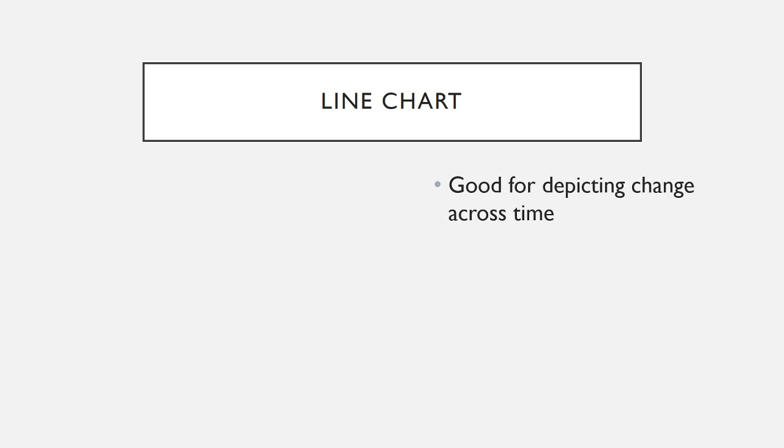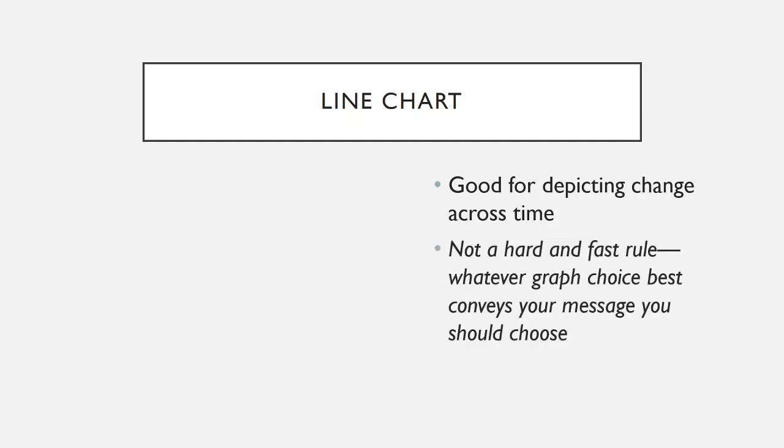A line chart, on the other hand, is going to be any visualization in which the data is depicted by a solid continuous line. So again, it's not to say that there are hard and fast rules about when you should use a line chart or a bar chart. There's just general rules of thumb. So typically we think of line charts as being particularly effective for depicting change across time.